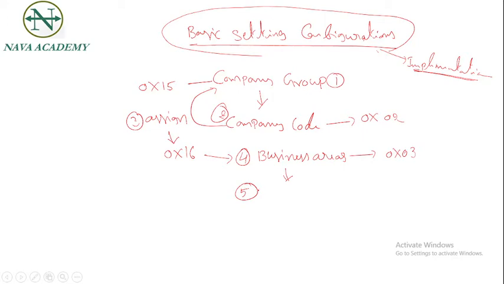So first we define the posting period variant. Posting period variant T code is OBBO.